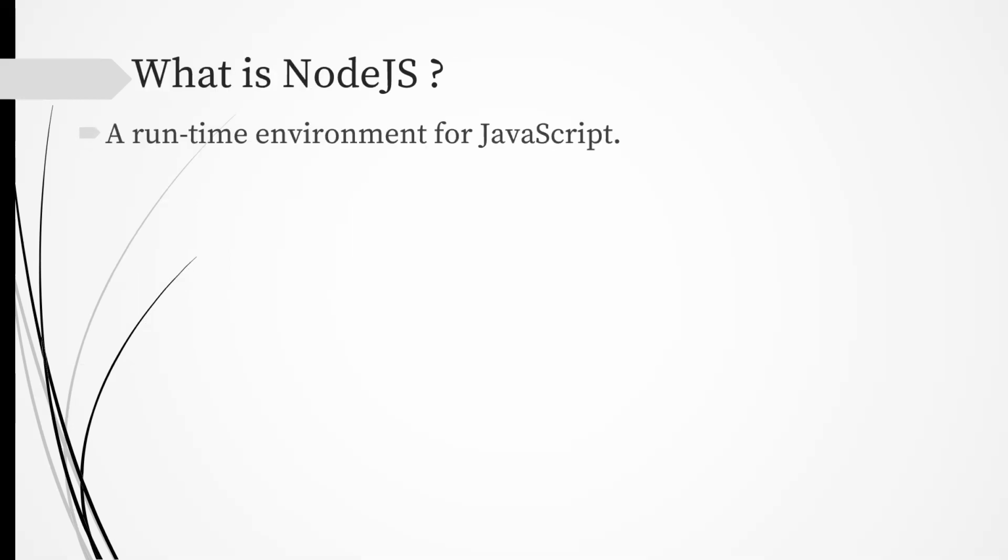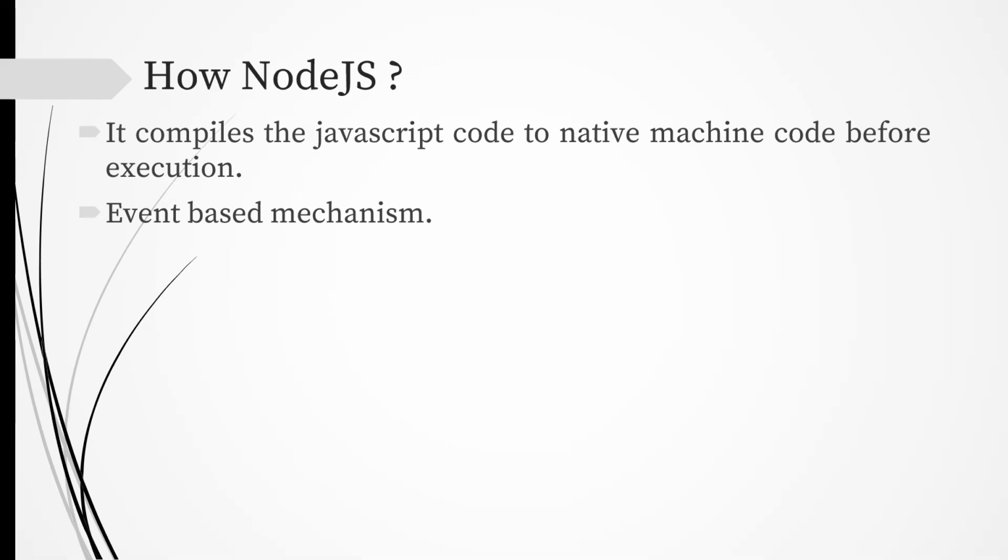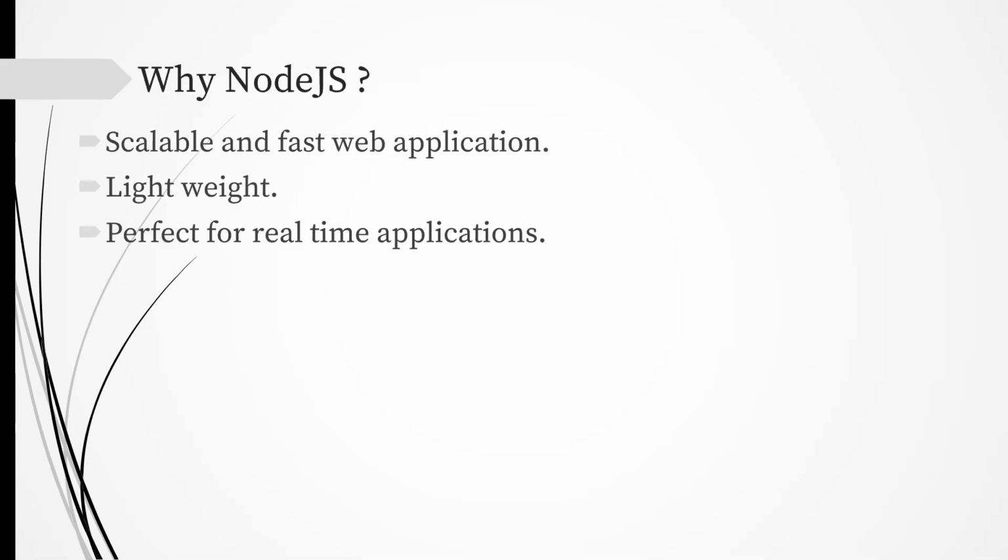Then the next is, what is Node.js? Node.js is a runtime environment for JavaScript. How does Node.js work? It compiles the JavaScript code to native machine code before execution. It has an event-based mechanism. Why Node.js? It makes scalable and fast web applications.